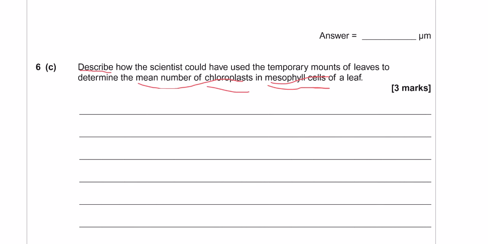Then you've got to count the number of chloroplasts in each cell, and then basically you take the number of chloroplasts that you get and divide it by the number of cells, and that will give you the mean number of chloroplasts. You could mention cells in a field of view, if you have large numbers of cells. But you don't have to show how to calculate the mean, because the stem of the question talks about that. It simply wants you to work that out.